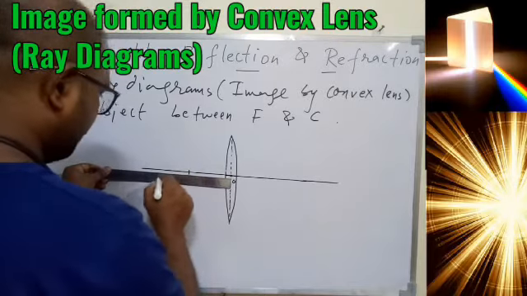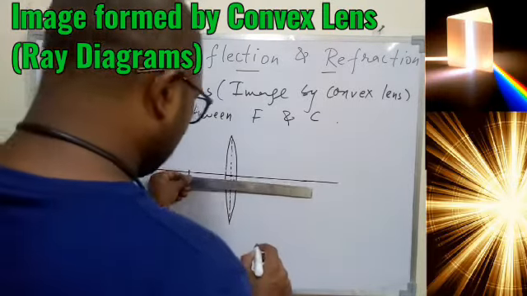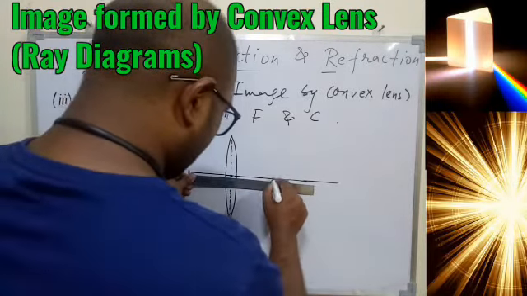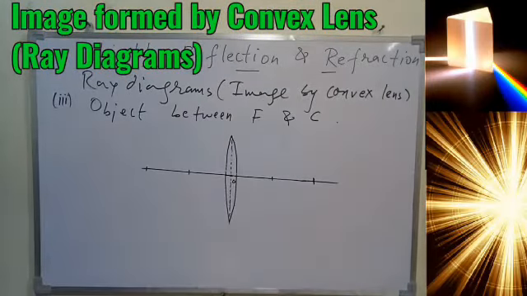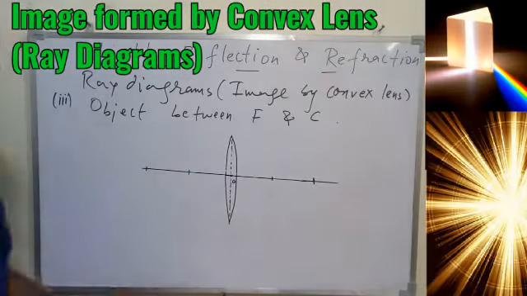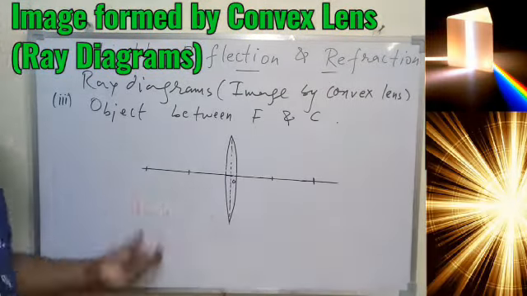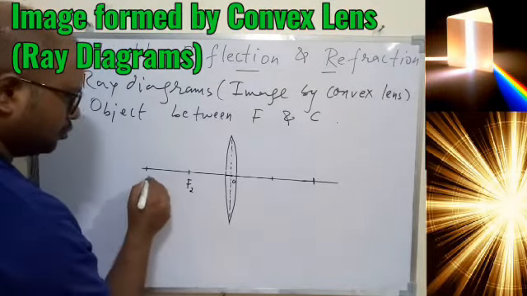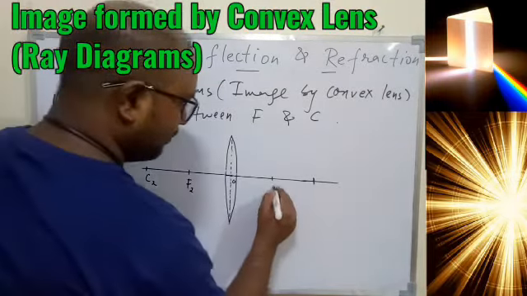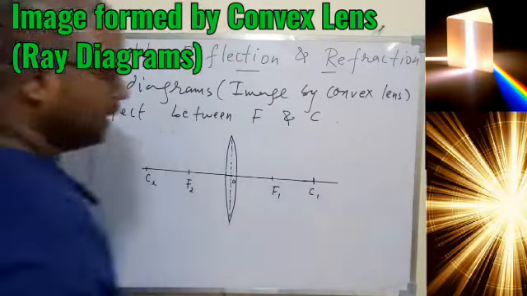So let's take 4 and 4. The choice is yours how much gap you give, but the gap should be uniform, same throughout. So this is my F2, C2, F1, C1.